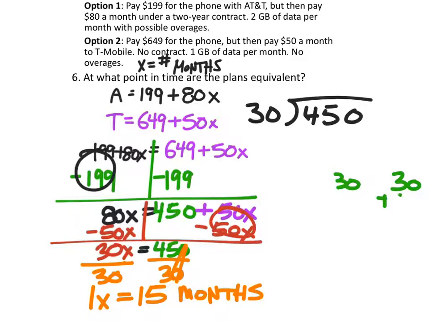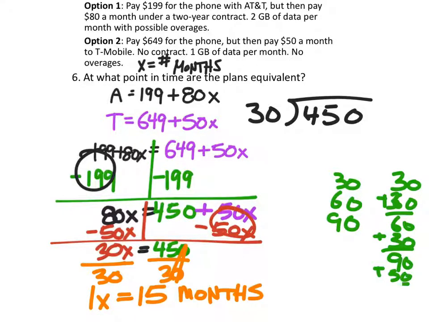And the second multiple, I'm just going to add another 30 there to make 60. And then add another 30 to make the third multiple 90. And we'll add another 30 there to make that 120.